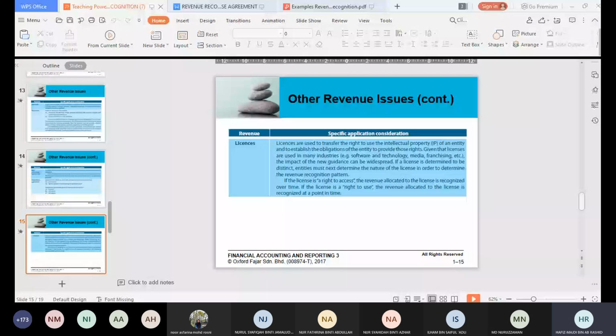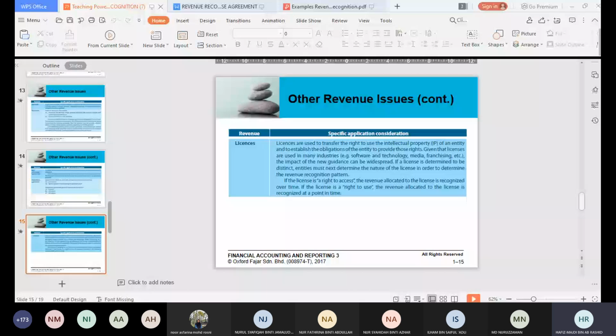That means the seller will still have an obligation because it's not a software which is readily available to use, and it requires substantial intervention or maintenance or further involvement of the seller in the usage of the software. So that is what we call right to access.